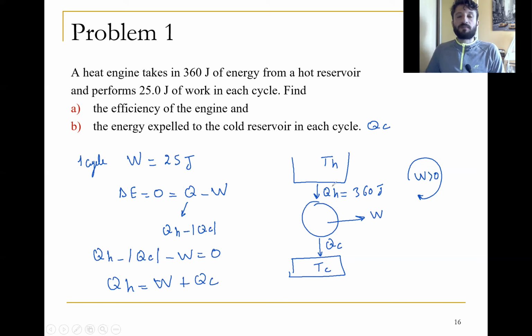The quantity added to the engine Q hot equals omega plus the released quantity Q cold. So you have to know this relation.